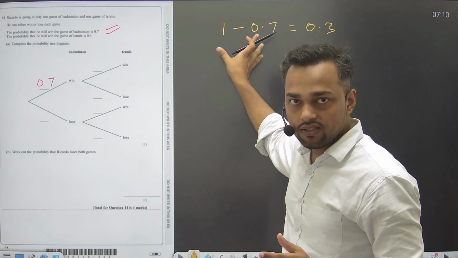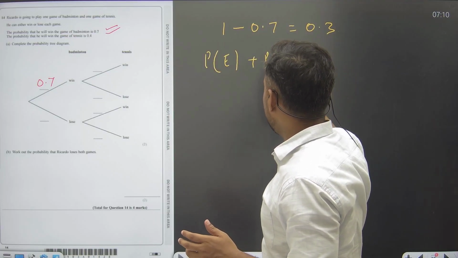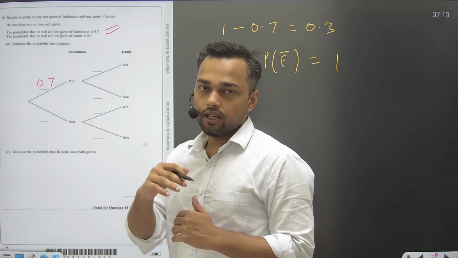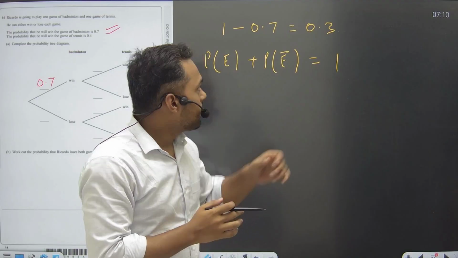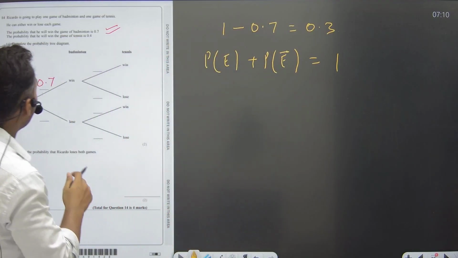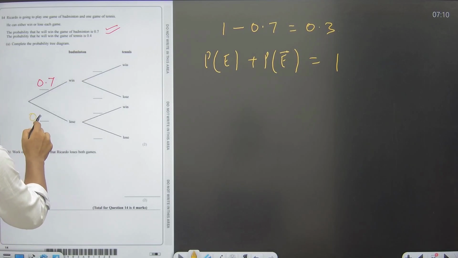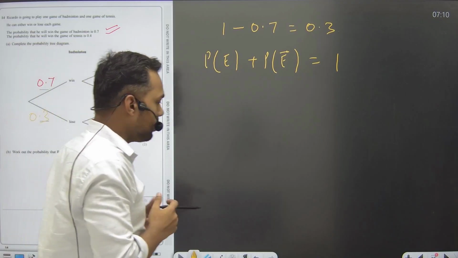Those who don't know what this is, I'll tell. The sum of the probability of any event to occur and the probability of the event not to occur will be equal to 1. So from here we calculate the probability of losing the game of badminton. It will be 0.3, because for winning it is 0.7, so for losing it will be 0.3.